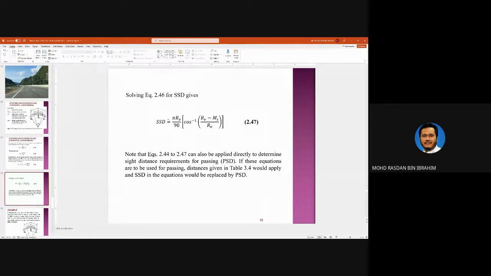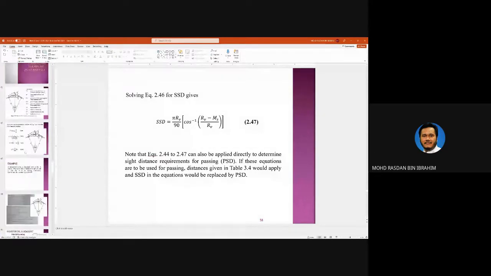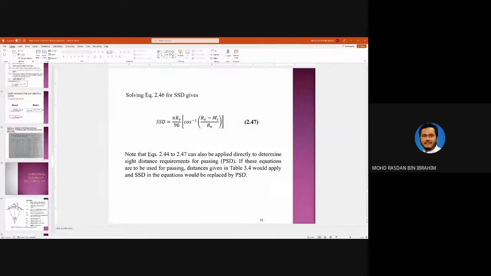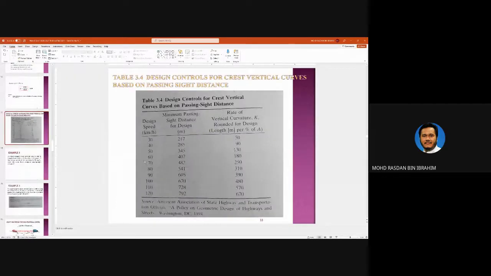So instead of SSD, this will become PSD, using the distance that you get from table 3.4. Although this is for vertical curve, you can use this value as minimum site distance for design.